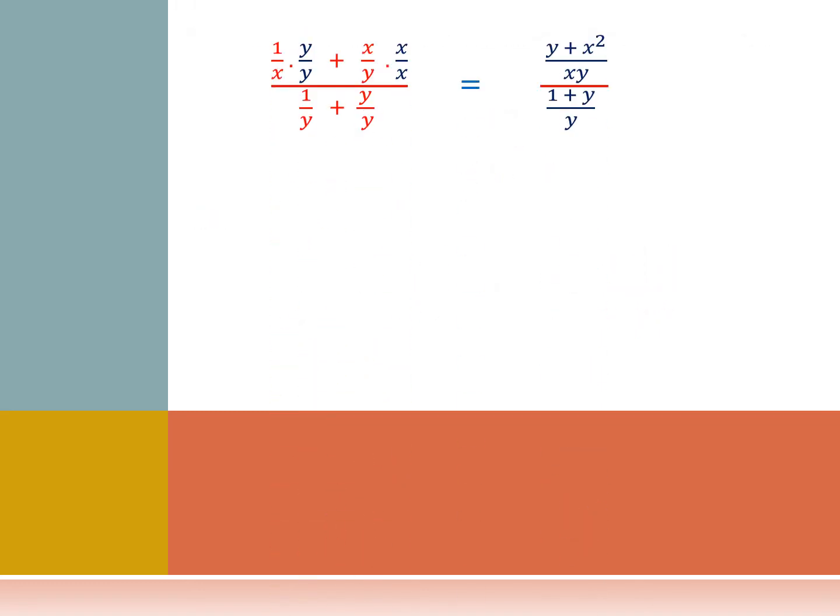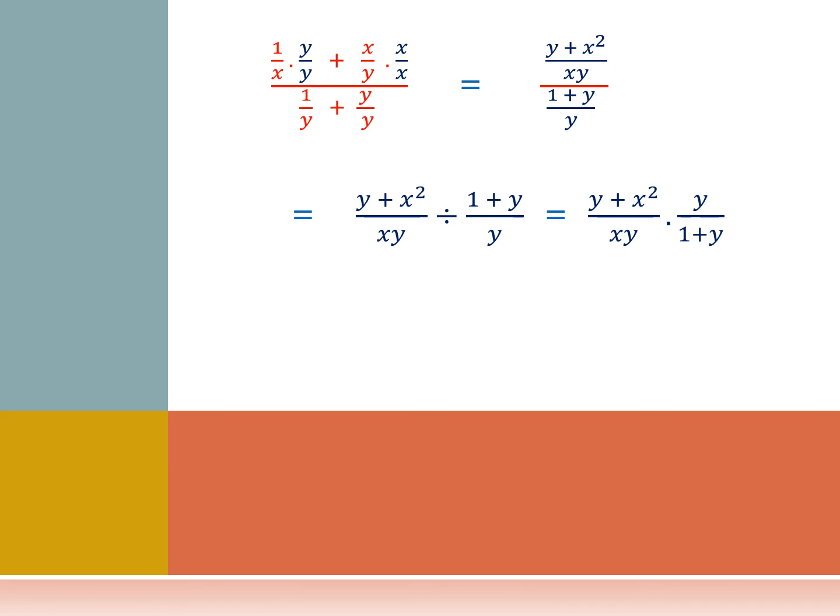Here we have y plus x squared over xy, and here 1 plus y over y. So this rational expression is divided by this one: y plus x squared over xy divided by 1 plus y over y.